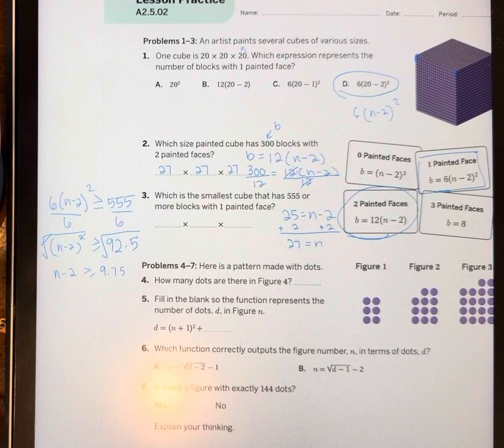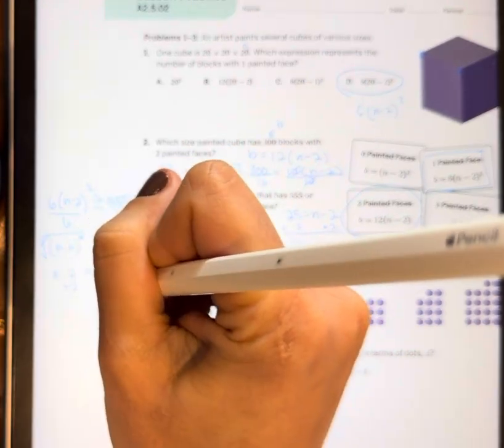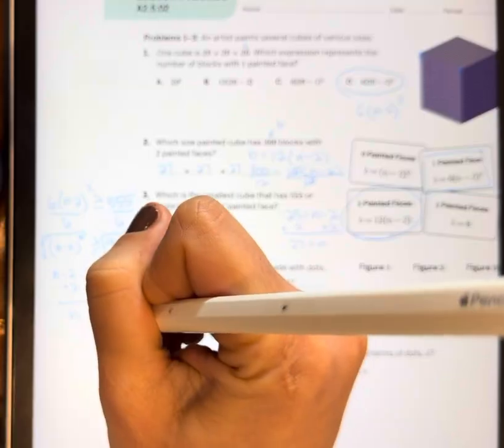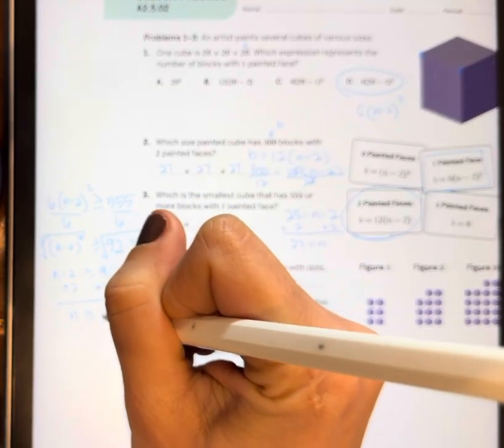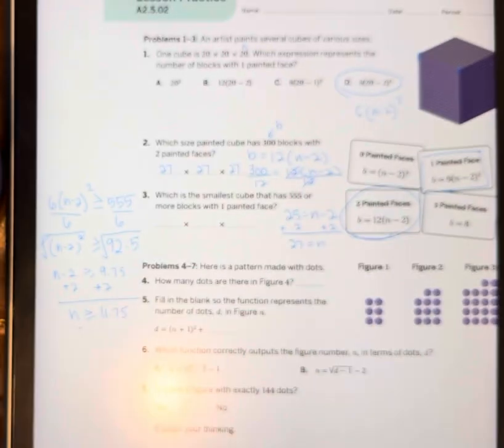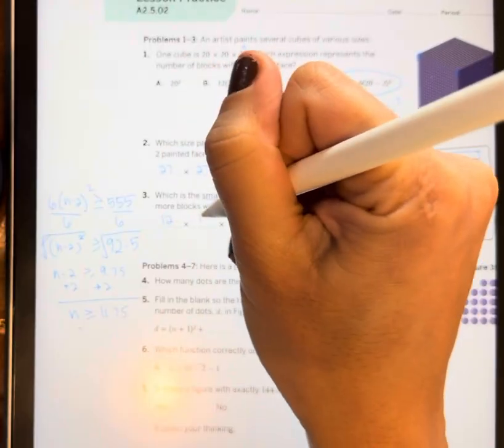I didn't do that in my head. And then we add the 2 to both sides, and we get that the size of our cube, n, has to be greater than or equal to 11.75, which means that the smallest cube we can have is 12 by 12 by 12.